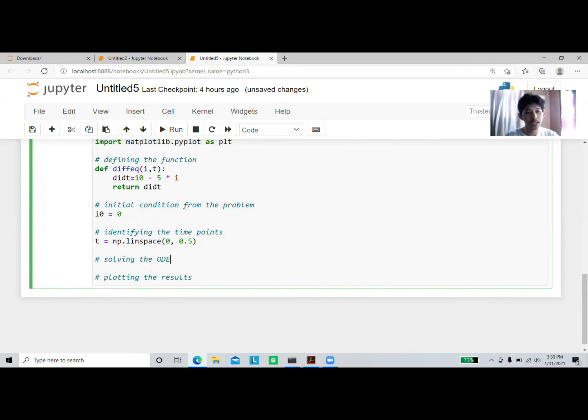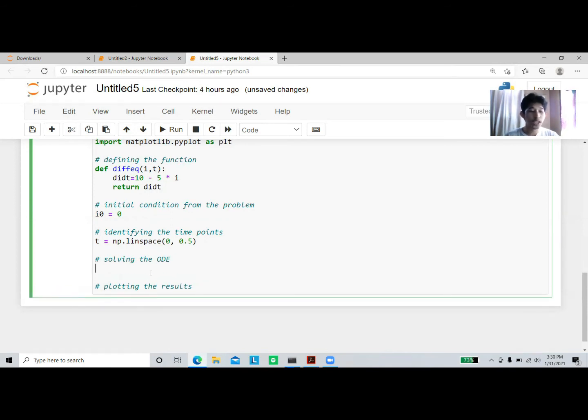After you have determined the time points, you can now solve for the ODE, in which you will be using the odeint function of the SciPy integrate package.